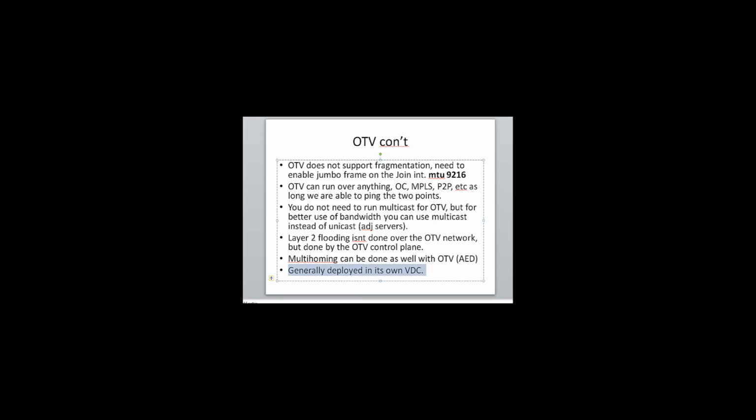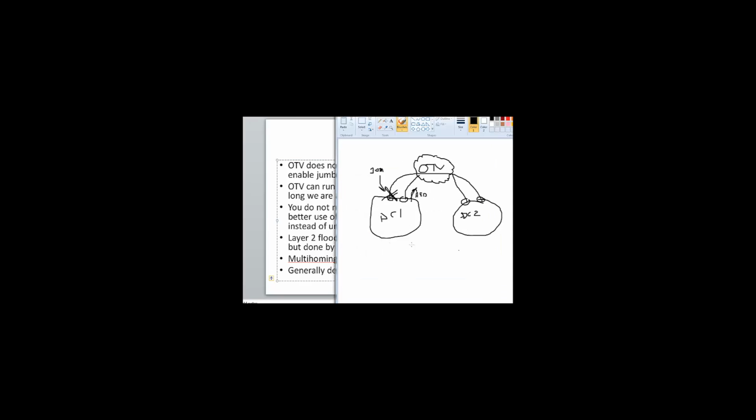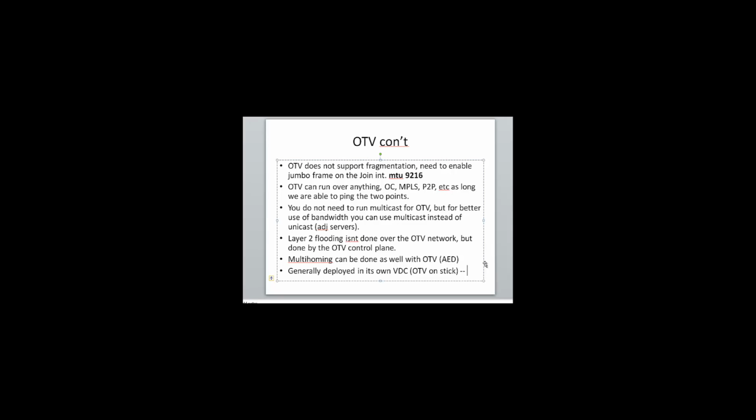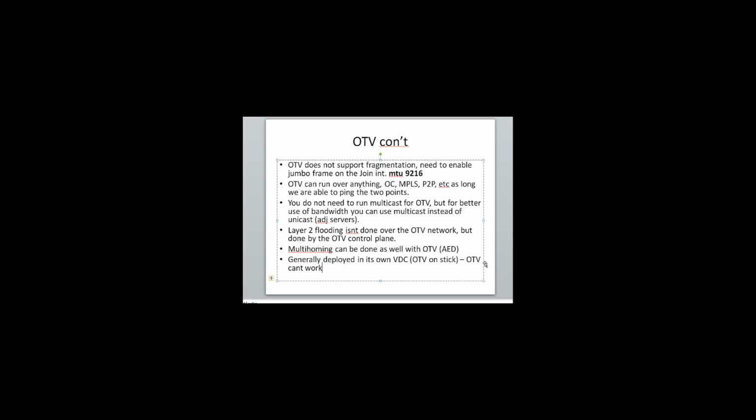Also, one of the biggest things with OTV is it's generally deployed in its own VDC. Sometimes they call this OTV on a stick, or OTV one arm. So OTV can't work with a VDC that has SVIs.